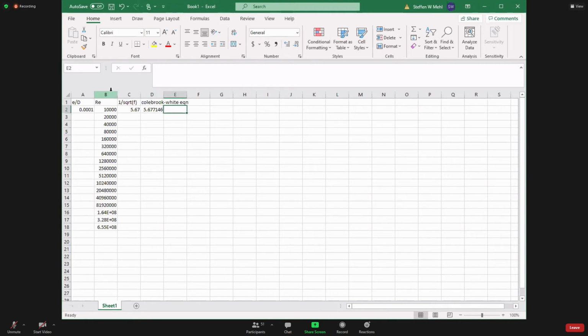Of course, this is 1 over the square root of f, so f is just equal to 1 over that value squared. So the f value would be 0.031.